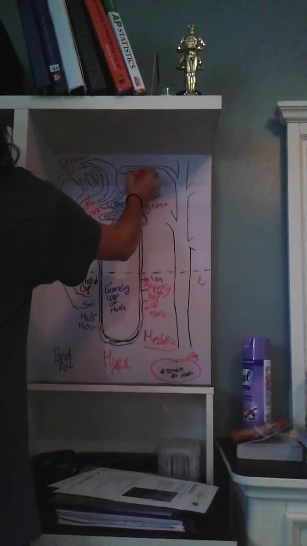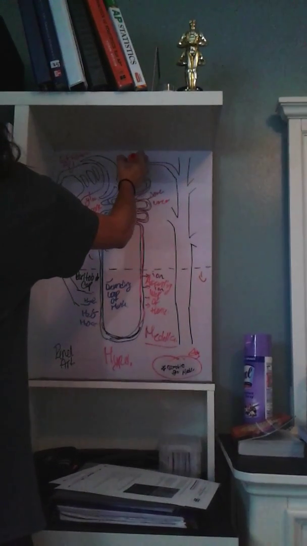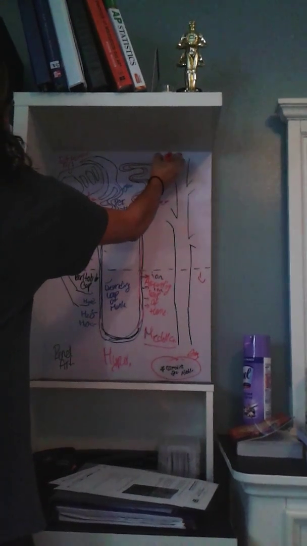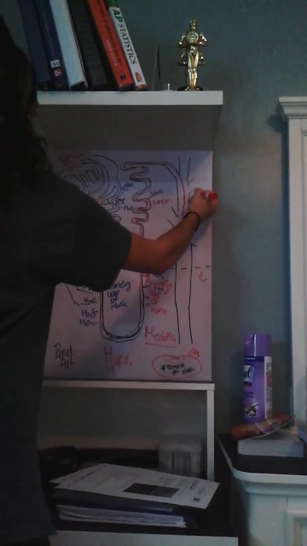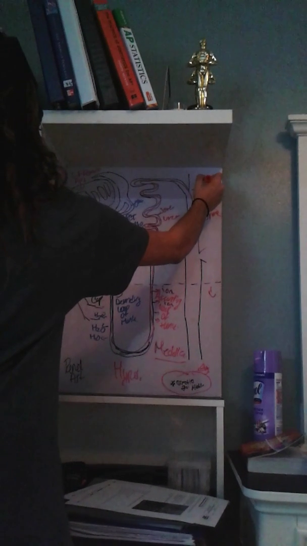So then we continue on, and our filtrate is dumped into the collecting duct where it becomes urine. The collecting duct.